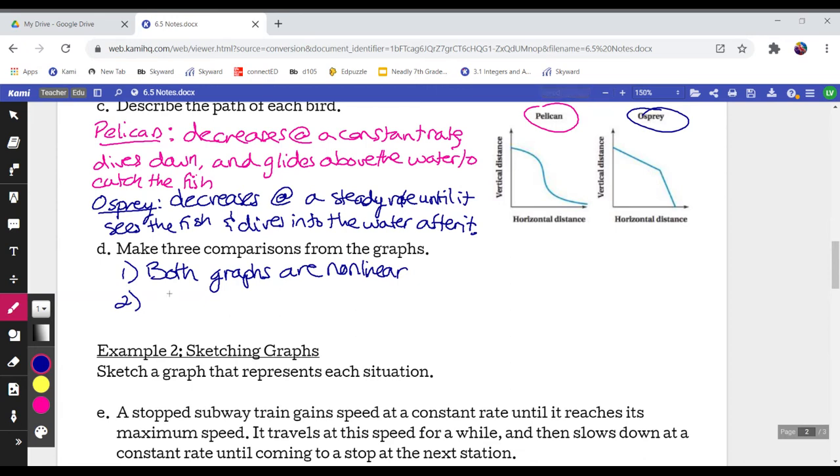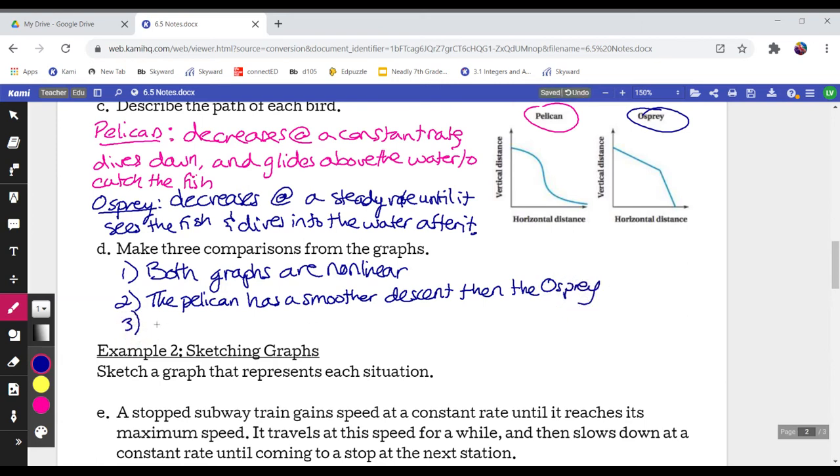The second, the pelican has a smoother descent than the osprey. And the last, both are decreasing. So both graphs are decreasing.